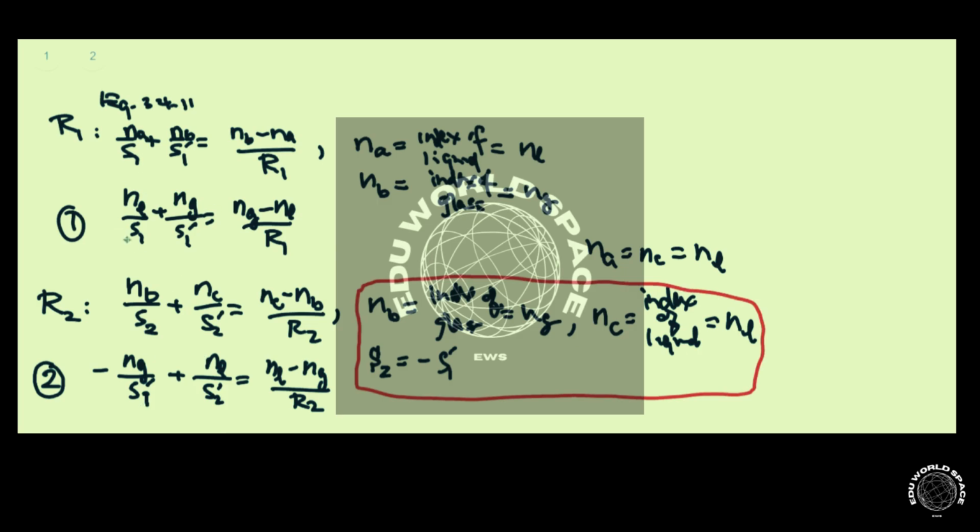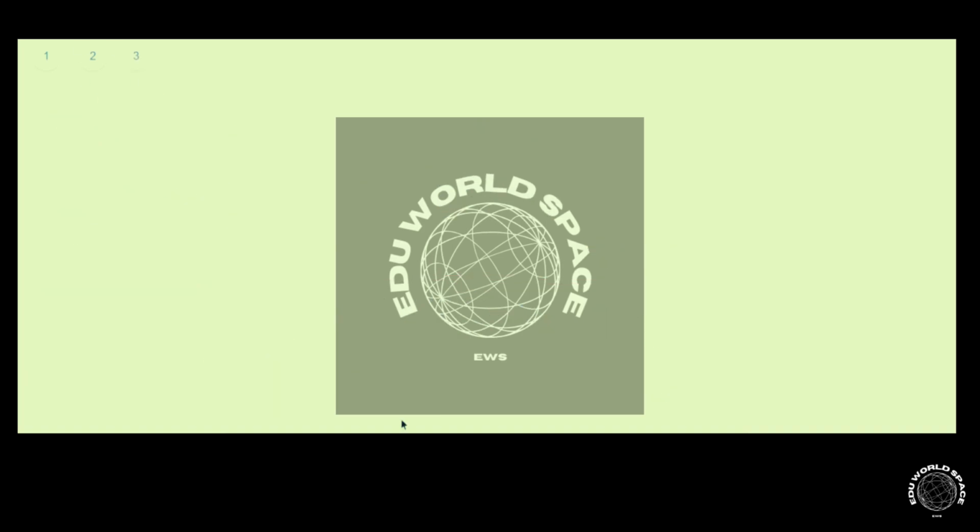Then I'll have an equation that's NL over S1 plus NL over S2 prime, and it's going to be equal to NG minus NL over R1 plus NG minus NL over R2. So let me do that on the next page. So add equations 1 and 2.